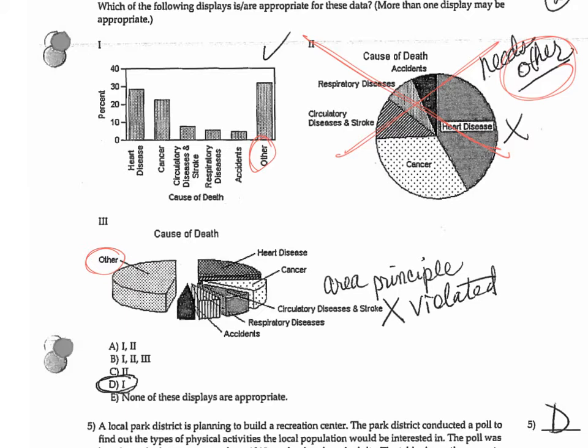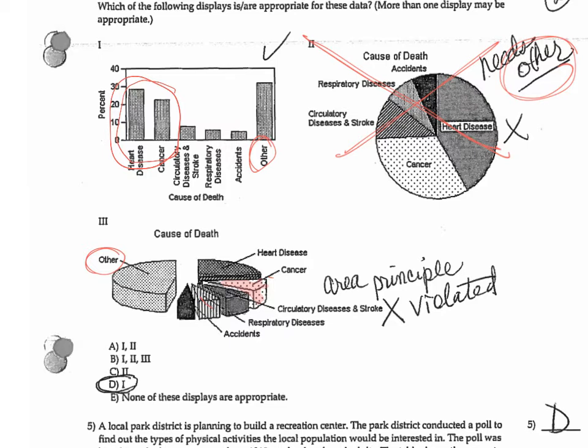And I'm going to tell you what happened here. This cancer area bothered me because the cancer area is supposed to be pretty close to the heart disease size. But if you take a look at what we got right here, it looks a lot smaller. In fact, one could argue that it looks smaller than this respiratory disease.